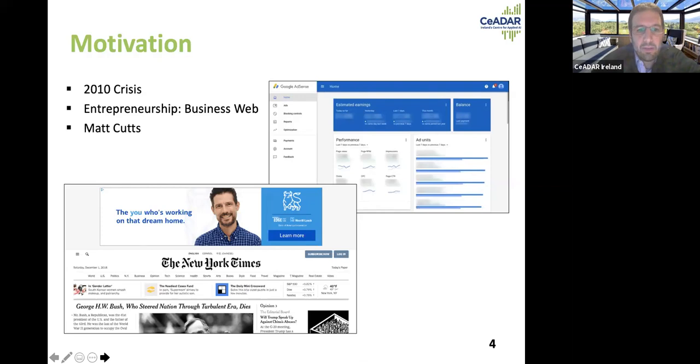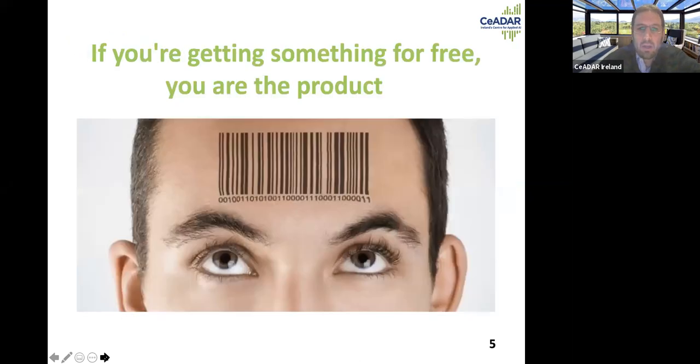So what is online advertising? It is whenever you put an advert on the internet. So the adverts on the internet are called online advertising. Well, that's a good point, and it is whenever you're getting something for free, whenever you're getting a product for free, it's because you are the product.